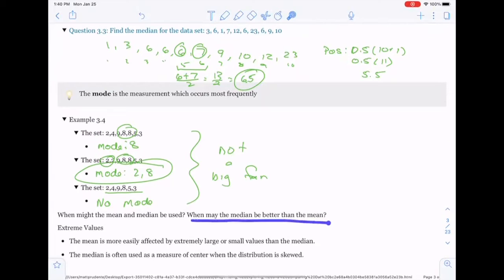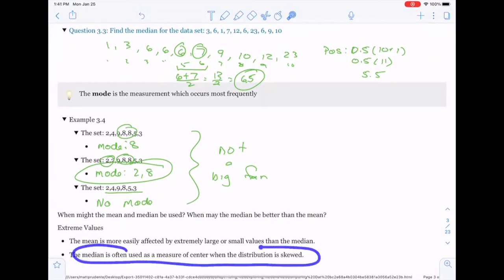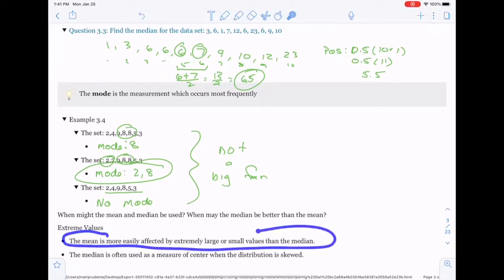So when might one be better than the other? One of those things is if we have what we call outliers or extreme values. The median is often used to measure the center when the distribution is skewed, when we have a lot of data points off to one of the sides. The mean is a lot better otherwise.